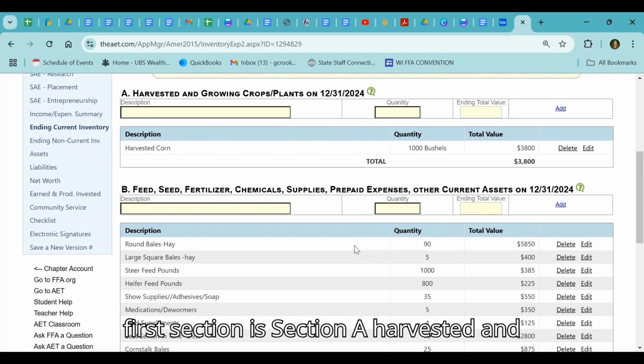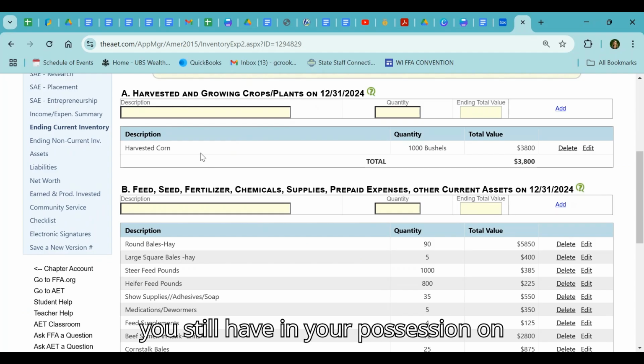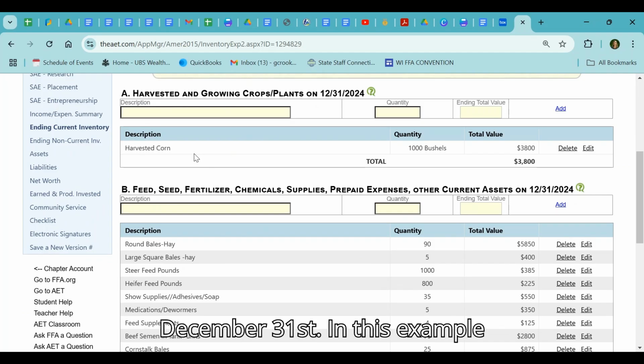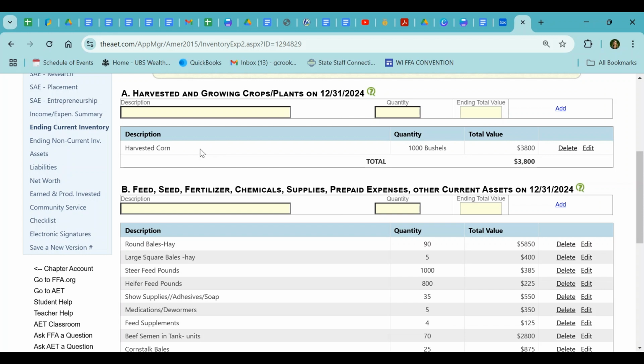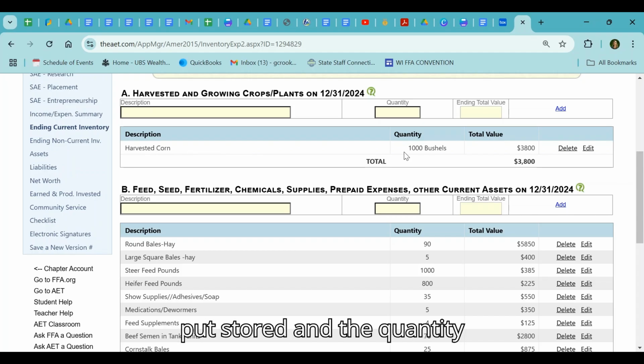The first section is section A, harvested and growing crops or plants, and the ones that you still have in your possession on December 31st. In this example, I created harvested corn, which is being stored, and you could put stored. And the quantity is 1,000 bushels.